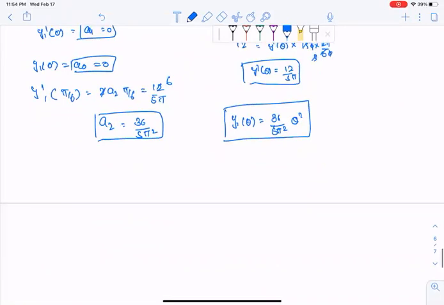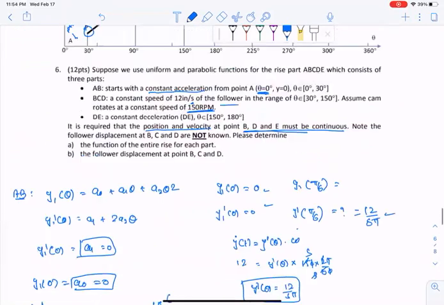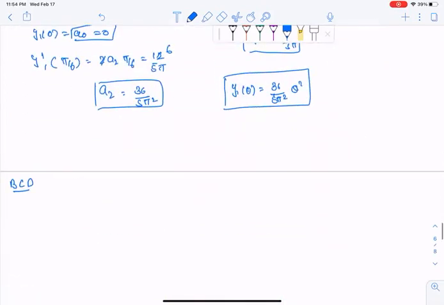Now let's go ahead and write the rise function for part B, C, and D. So that is linear. So y2 of theta will be b0 plus b1 into theta. Now let's write the boundary conditions. So y2 of pi by 6 will be equal to y1 of pi by 6, and that comes from the continuity in position.